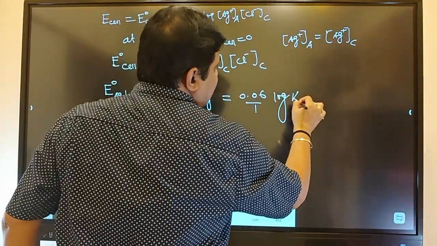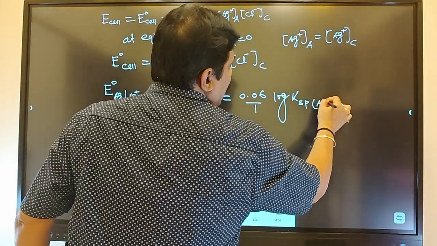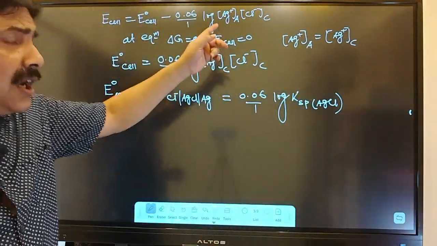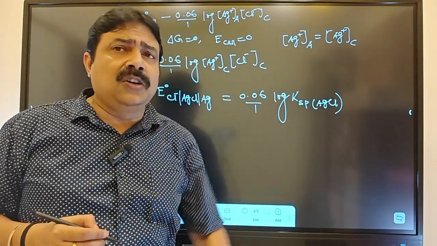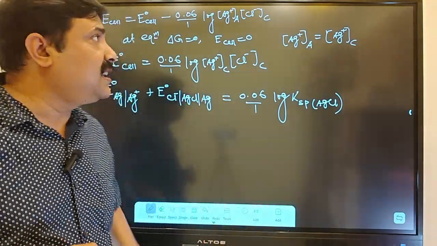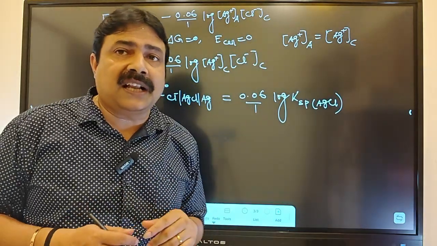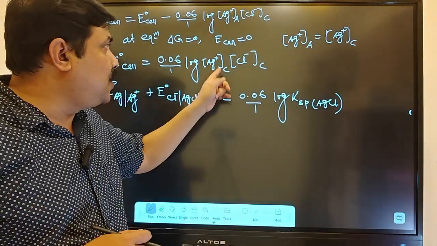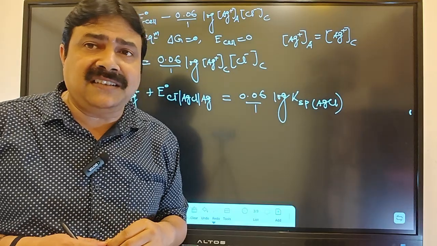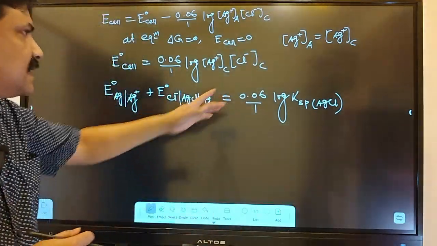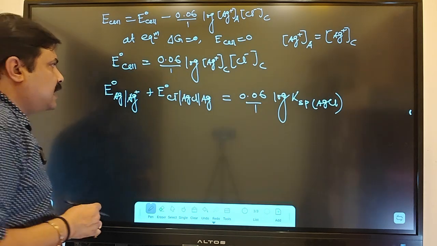Instead of that I can write Ksp of AgCl. Previously we could not. Now you understood why we took the equilibrium condition: only then the silver ion concentration at the anode equals that at the cathode, and only then the silver ion cathode concentration into chloride ion cathode concentration can be written as Ksp of AgCl.